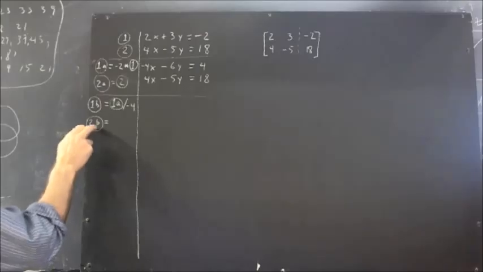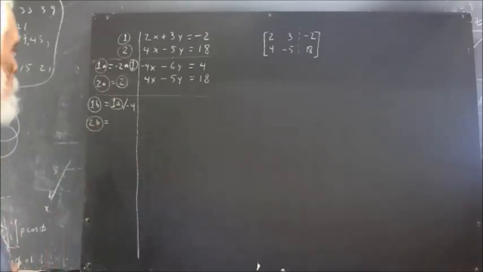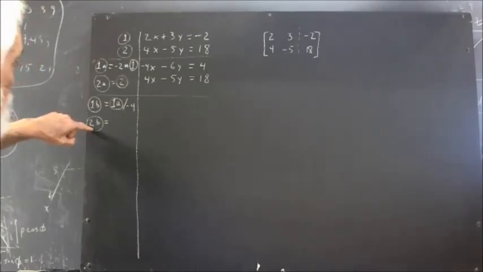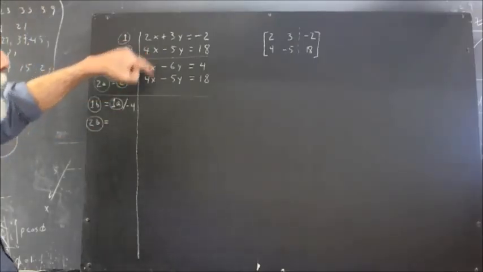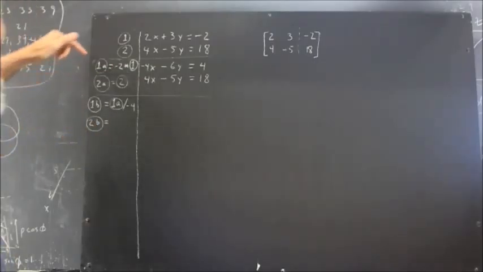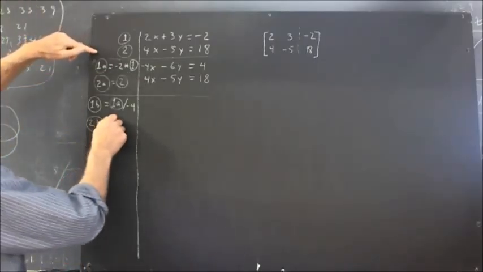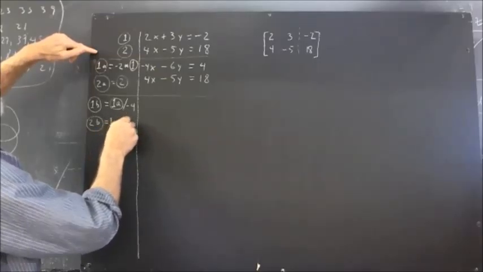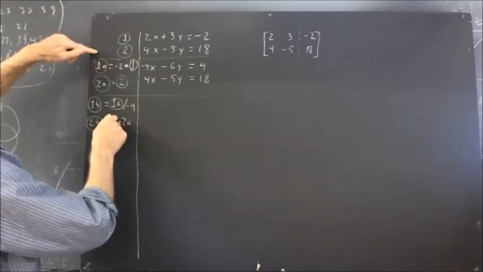Equation 2b is going to be what we get when we add these two equations. That's going to mean, and we're going to denote that by saying, that's going to equal equation 1a added to equation 2a.